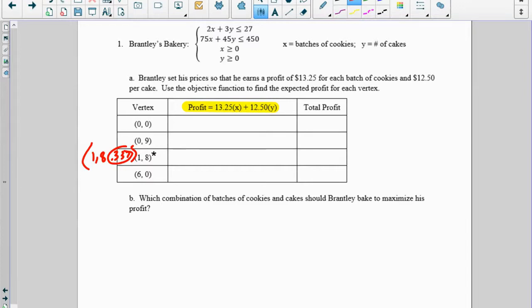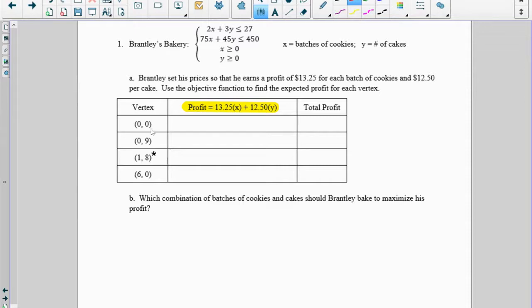So it's not even possible for Brantley's Bakery to make one batch of cookies and 8.333 cakes. So instead we round down to what makes the most sense. He could have made one batch of cookies and 8 cakes. He has enough flour and he has enough time to do that. So I did want to just point out why that vertex was a little bit different than what you found on the day 3 homework last week.